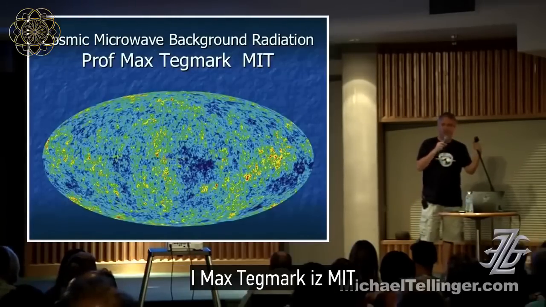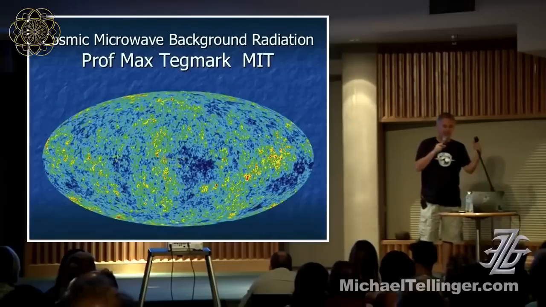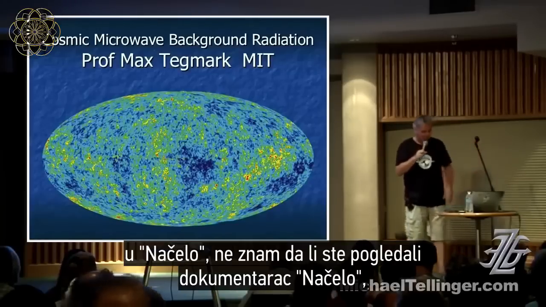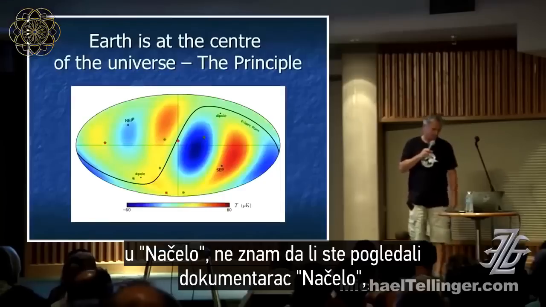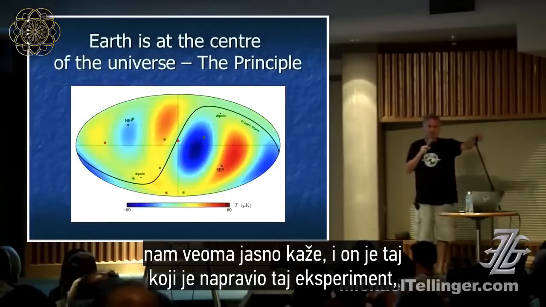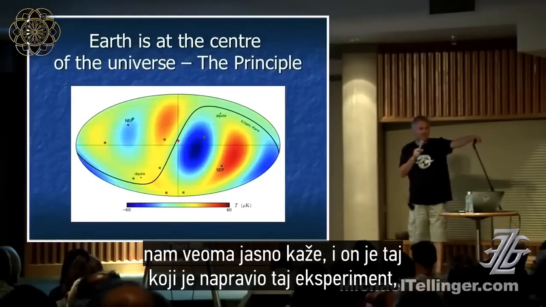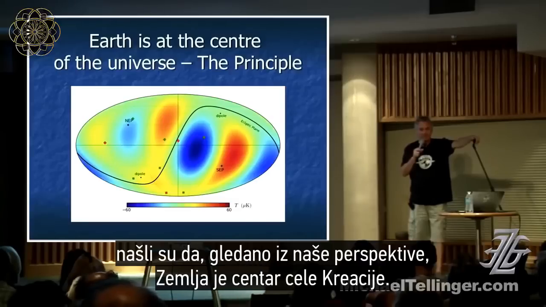Max Tegmark from MIT, in The Principle, I don't know if you've seen the documentary called The Principle, very clearly tells us, and he's the guy that drove that experiment, that they found that from our perspective, the Earth is the center of all of creation.